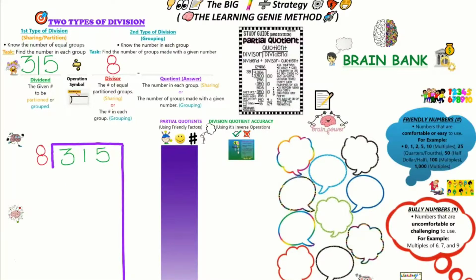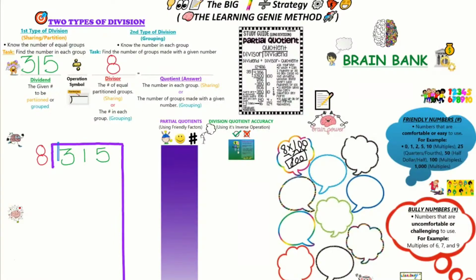Let's start with 100, just to show you how this process works. 8 times 100 equals 800. I know this because I know my basic fact of 8 times 1, which equals 8. And then I just carry those other two zeros over to quickly come up with the product of 800.